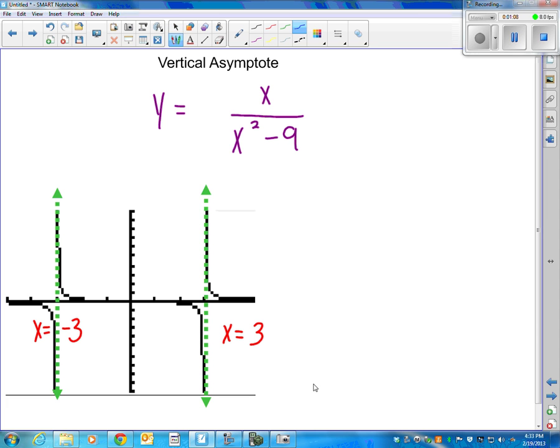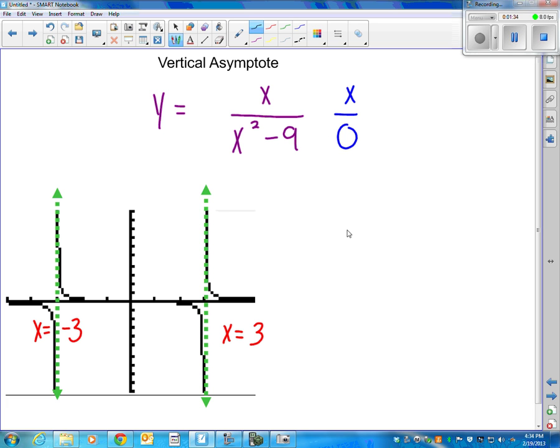Mathematically, it's pretty easy. Think about the domain of any rational expression. The only thing that will not work is when that denominator is equal to 0. So what I need to do is figure out what makes the denominator equal to 0. That's where the graph cannot cross that x.